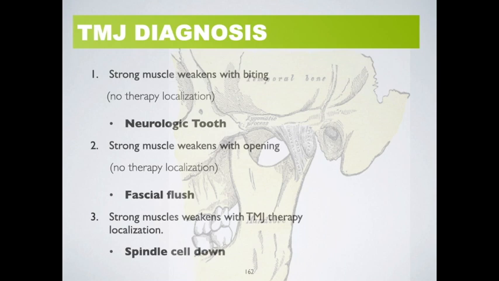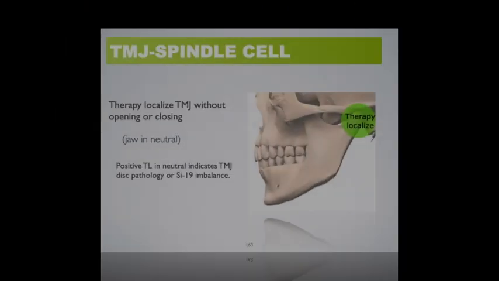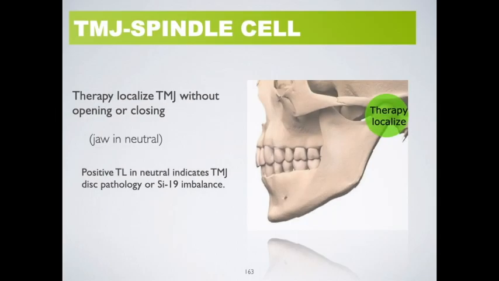Strong indicator muscle weakens with TMJ with therapy localization, then your tool is going to be spindle cell down with opening, of course. Typically, we spindle cell down with the TMJ, with TL.